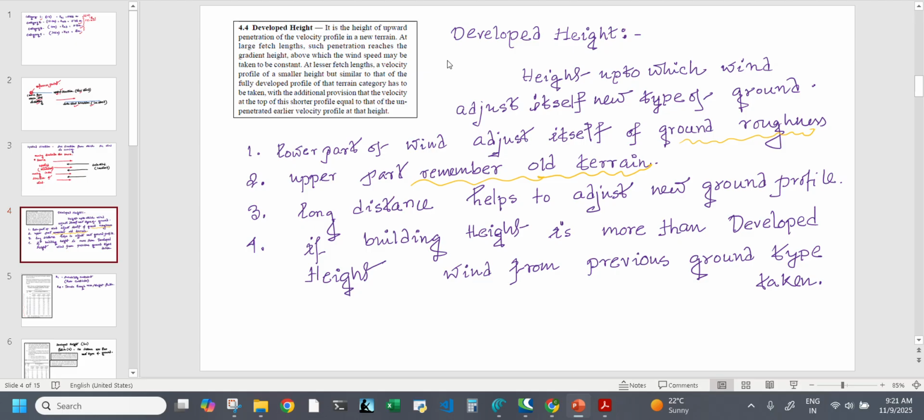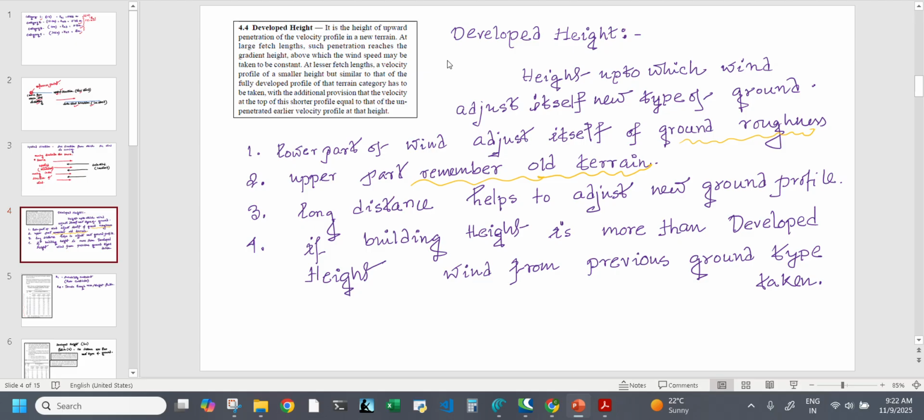That means whenever wind travels from terrain category 1 to terrain category 4, during the change of terrain, the wind is in the mode of terrain category 1 and now it will travel over terrain category 4.